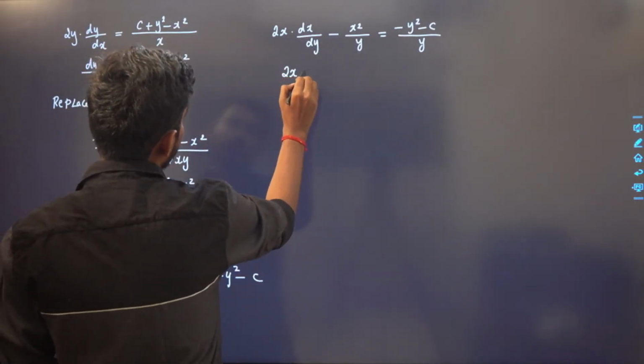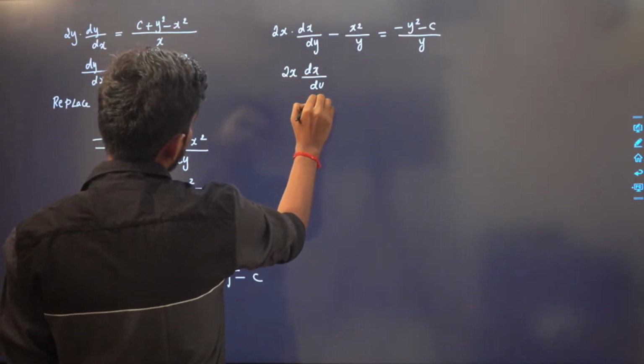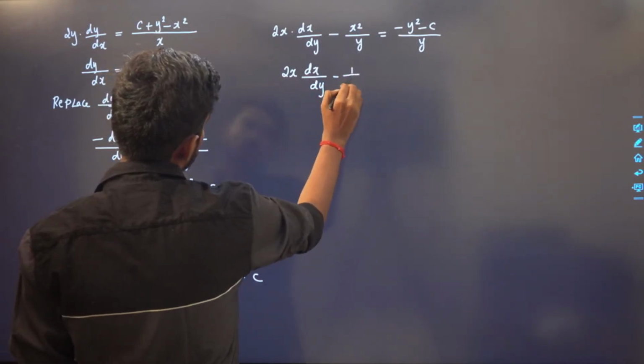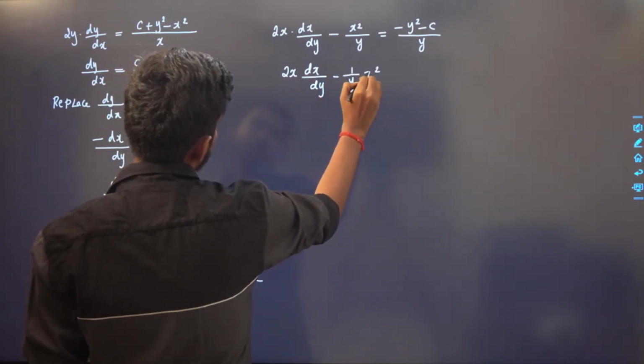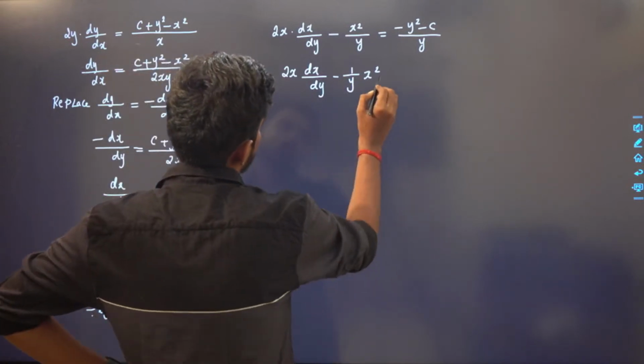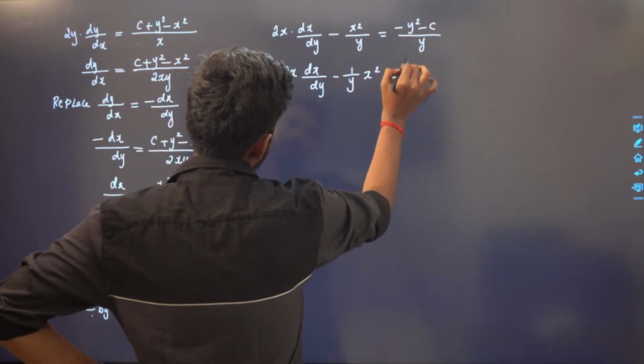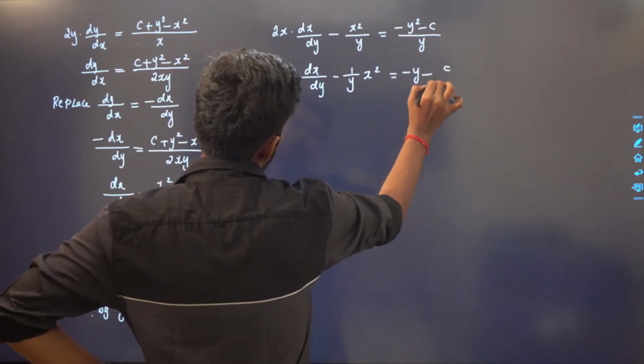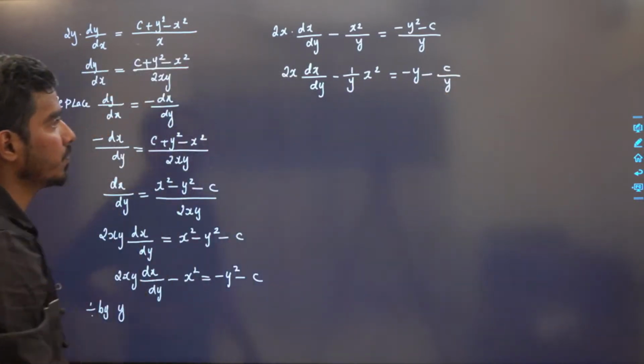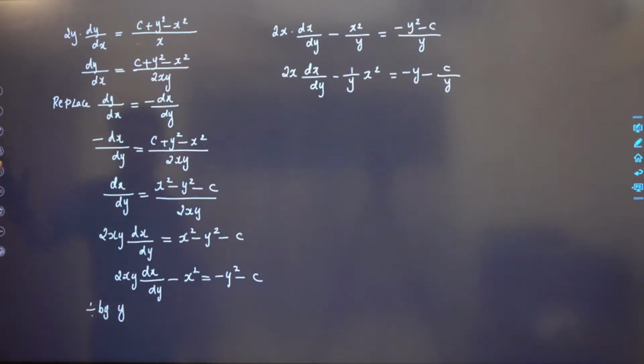So we have 2x dx by dy minus (1 by y) x square is equal to, if I divide separately, minus y minus c by y, right? Now you can see this is also a linear differential equation.